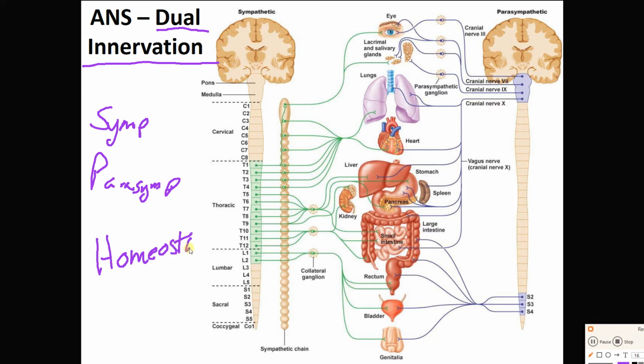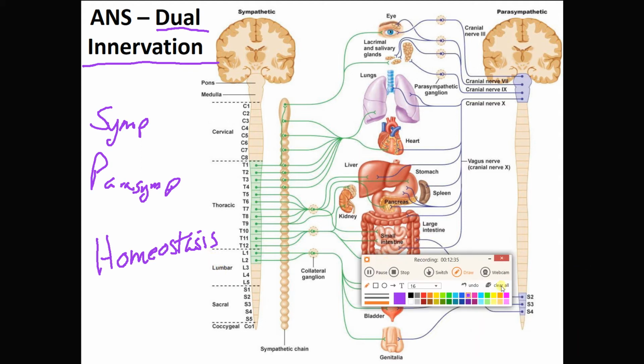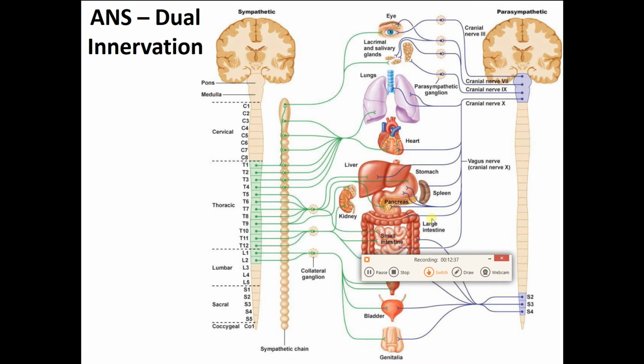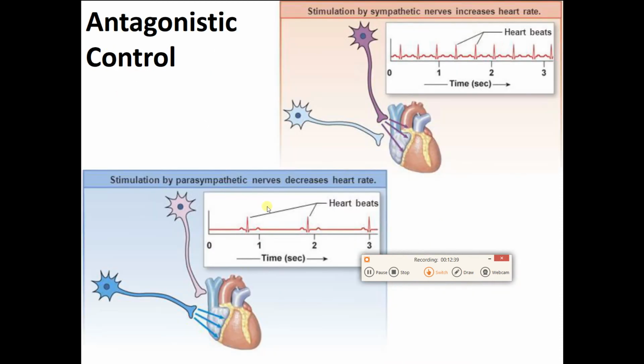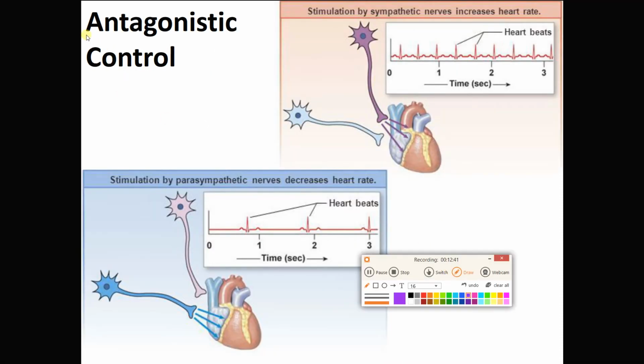This concept of dual innervation is important for homeostasis, because what this dual innervation allows for is this phenomenon known as antagonistic control. What that means is the sympathetic stimulation will do one thing to the effector, and the parasympathetic will do the opposite.